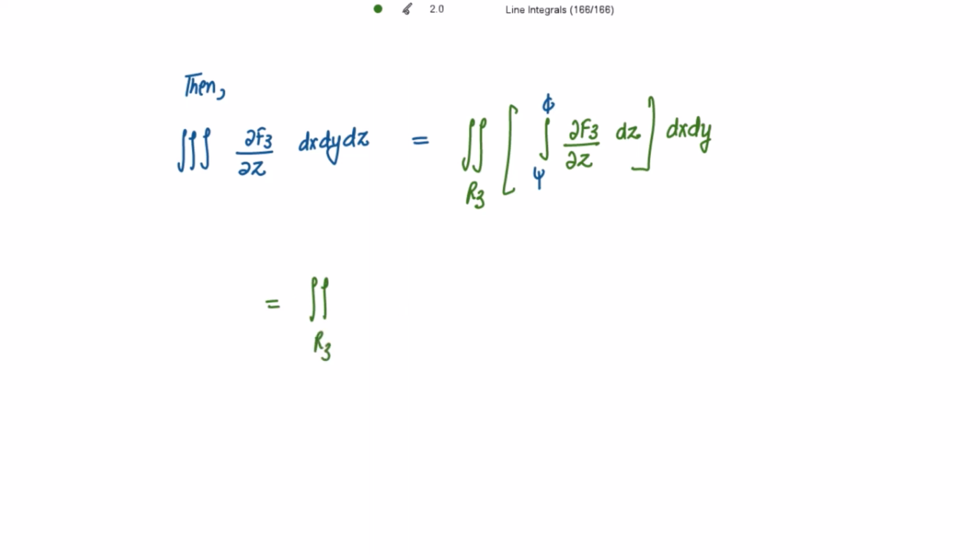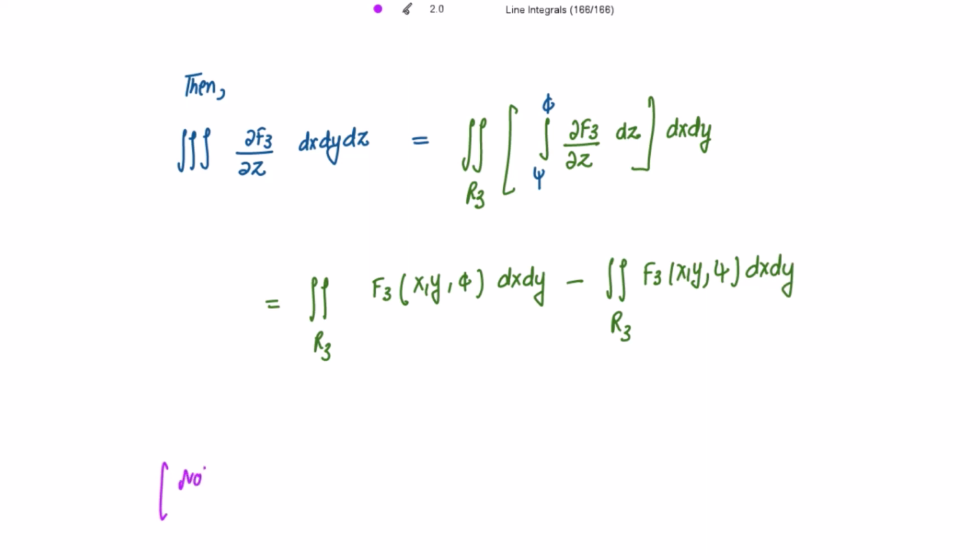What is the integration of ∂F3/∂Z with respect to Z? It is F3. So F3(x, y), the upper limit is phi for Z, dx dy, minus the double integral over R3 of F3(x, y) with the lower limit xi, dx dy.